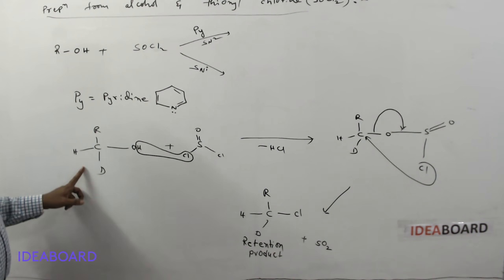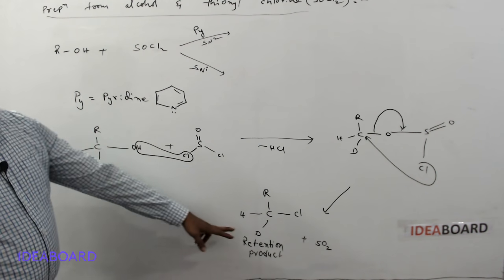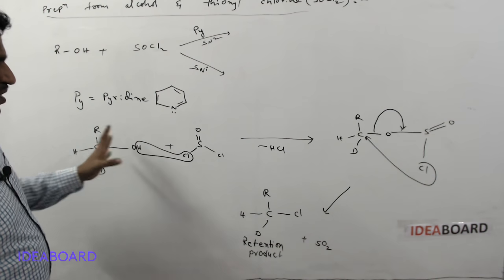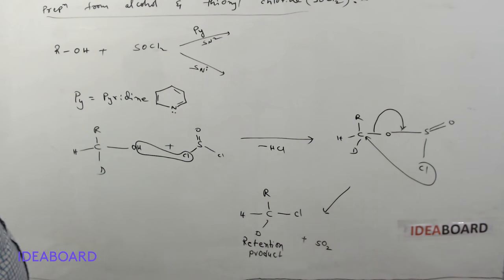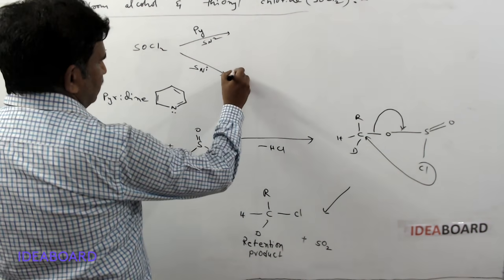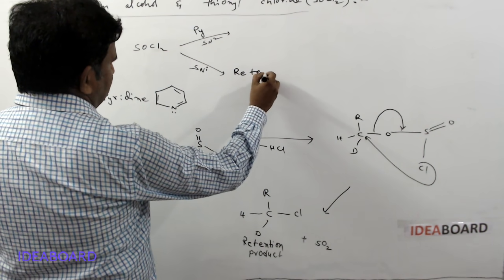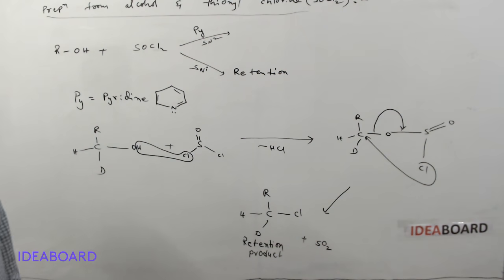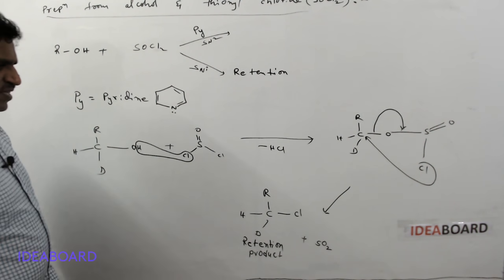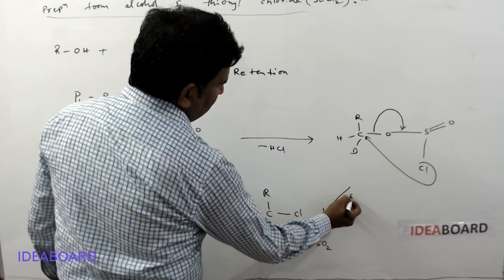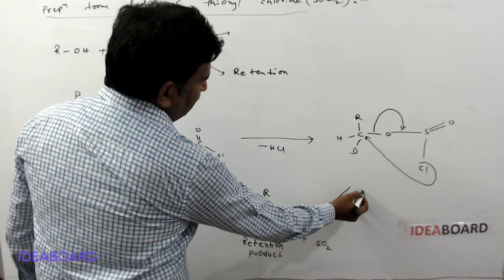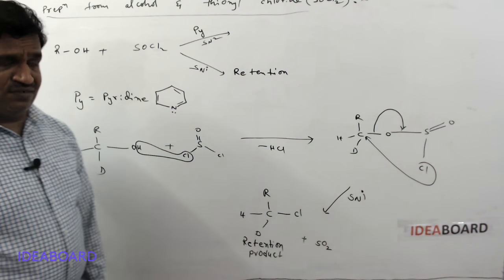Suppose the reactant has a D configuration, the product also has a D configuration, with no change in configuration. So by the SNi reaction, a retention product is always formed. The reaction occurring is SNi, internal nucleophilic substitution reaction.